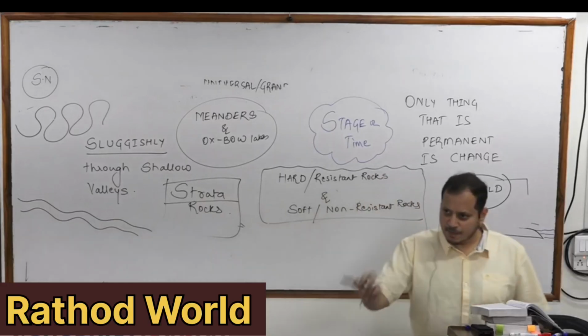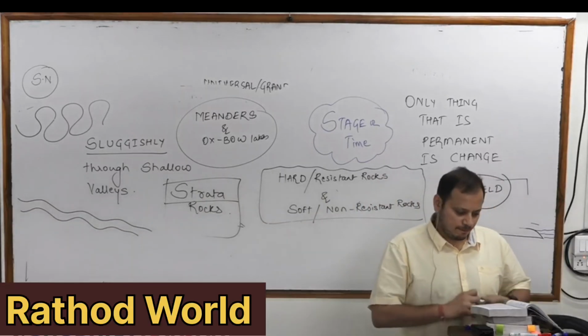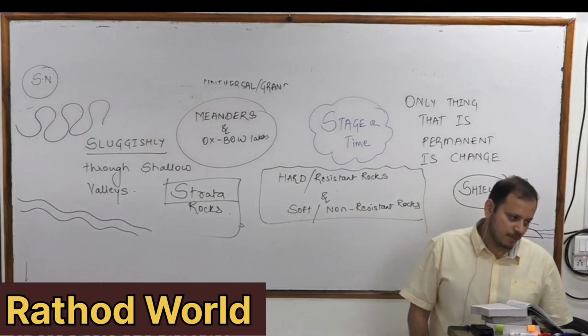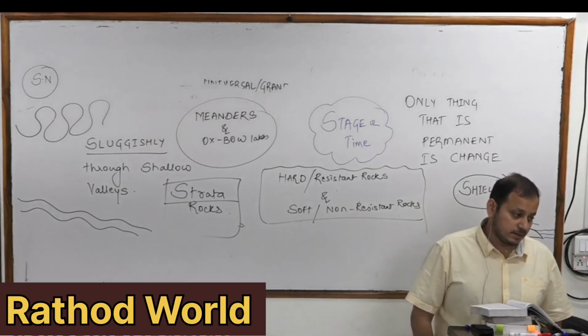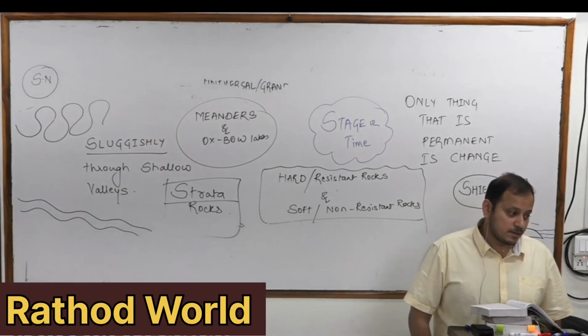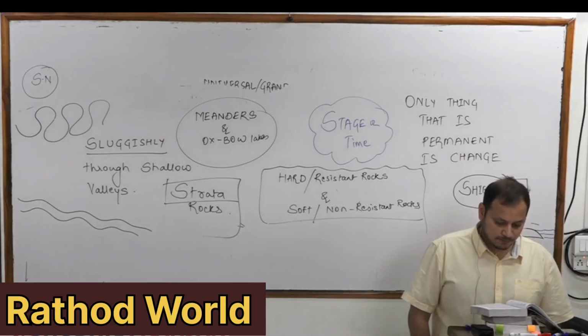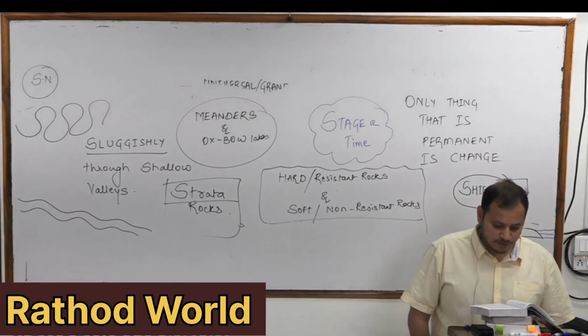Understood this? Conclusion. Thus, structure and processes interact to give shape to the landforms.